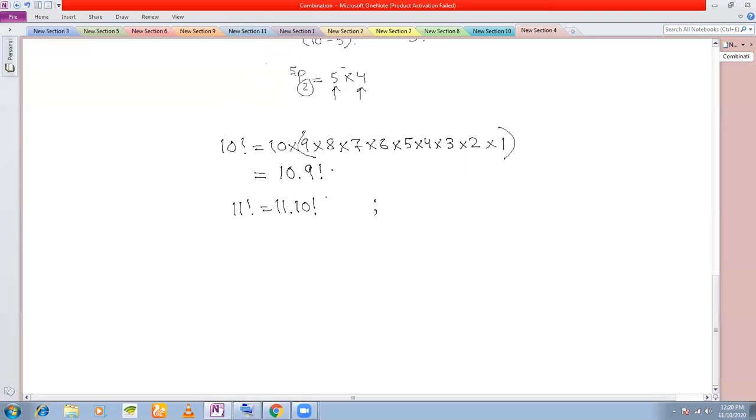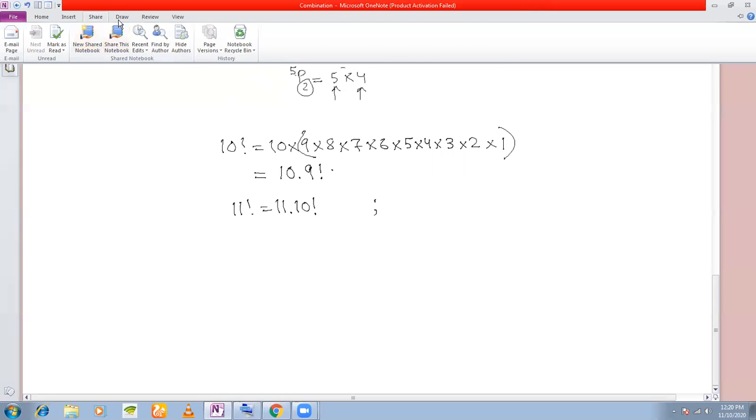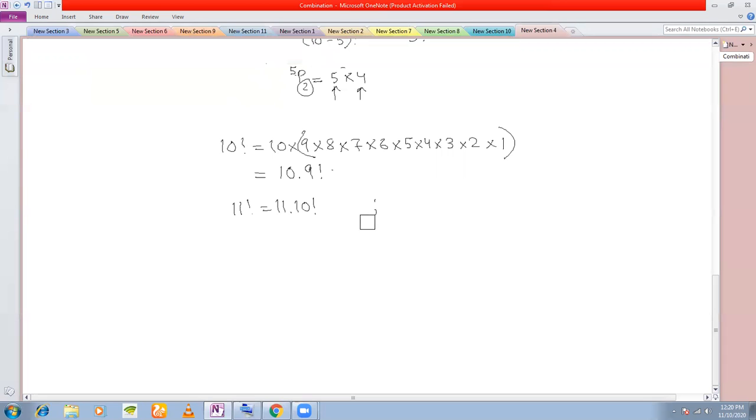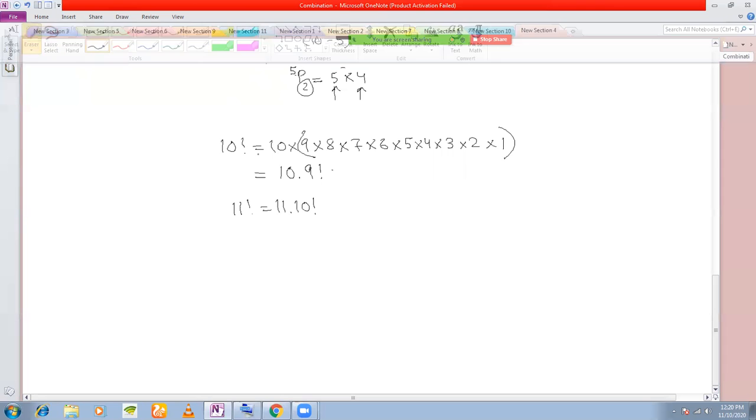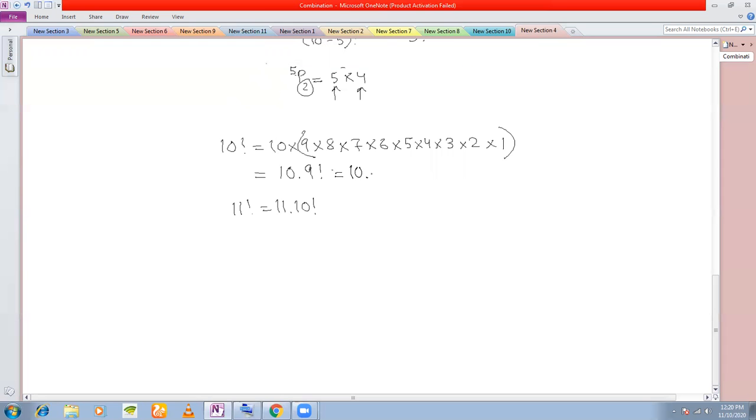Or you can also write this as 10 into 9 into 8 factorial, which can also be written as 10 into 9 into 8 into 7 factorial, right? Which can also be written as 10 into 9 into 8 into 7 into 6 factorial, and so on.